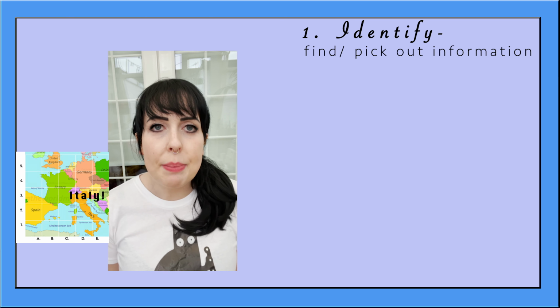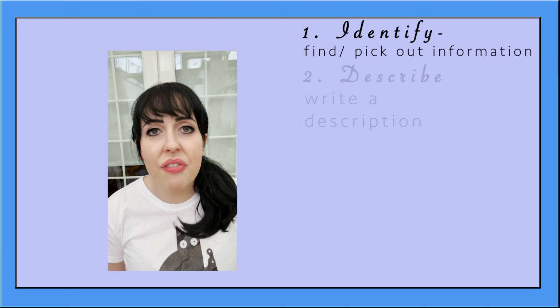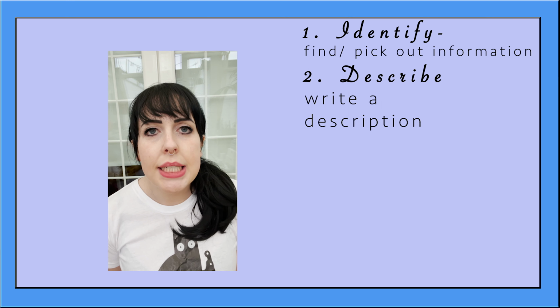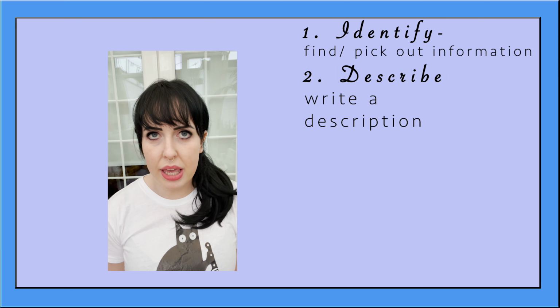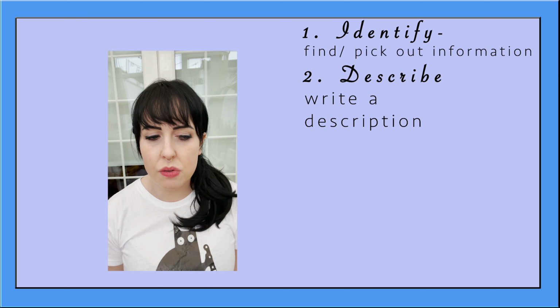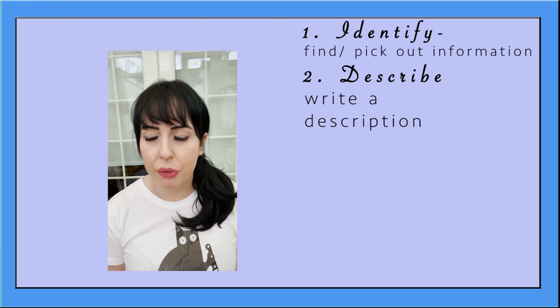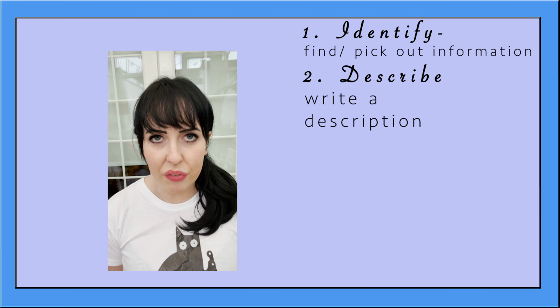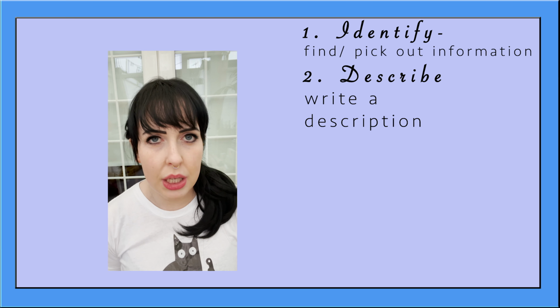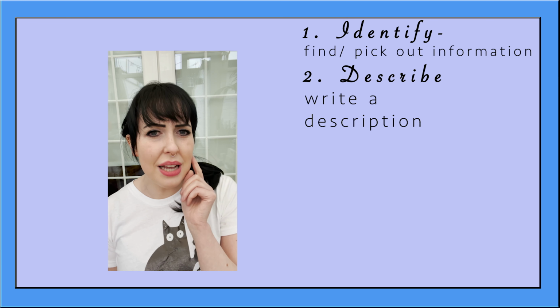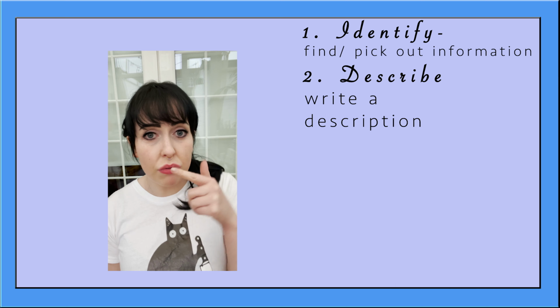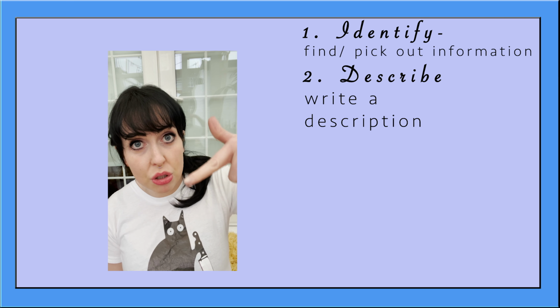Now, describe. Describe comes from the Latin prefix di and the Latin word scribere. Maybe I should look up Latin pronunciations because I think that I'm murdering them. Now, di, the prefix, means down. It does that in many other words, like decline, depress. If you depress a button, you push it down.